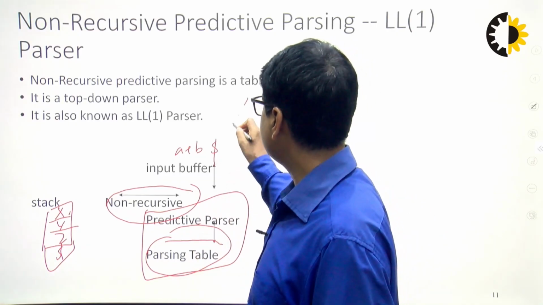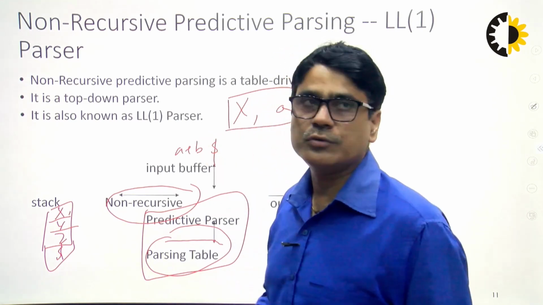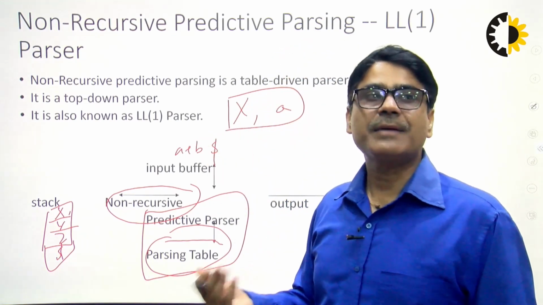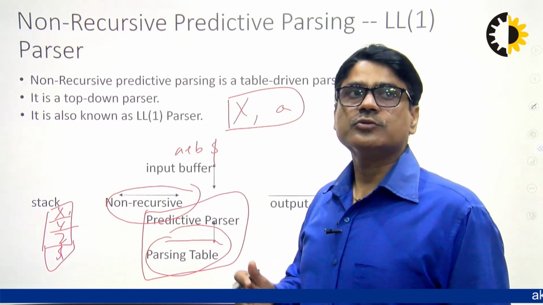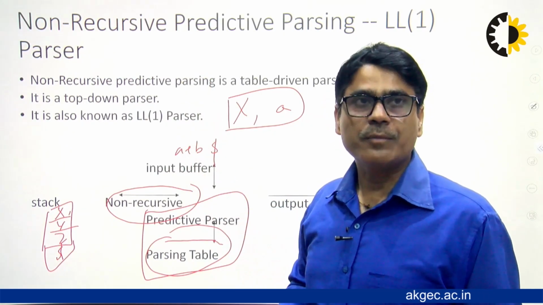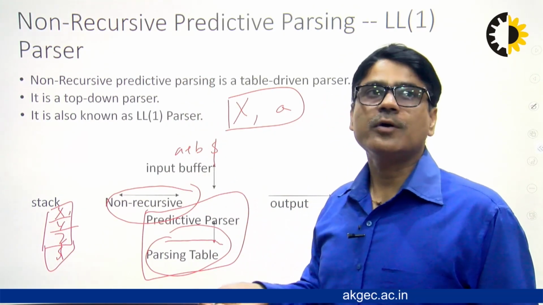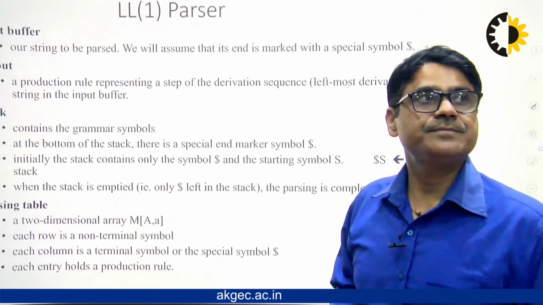So if it is capital X and a small a, then for the combination of both we will derive a parsing table. For finding that combination, there are 2-3 combinations, and through that we will implement the LL1 parsing table.